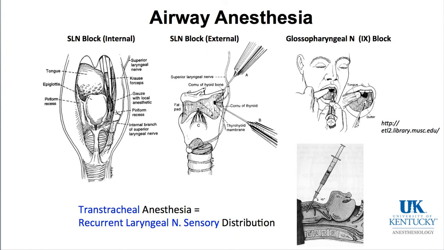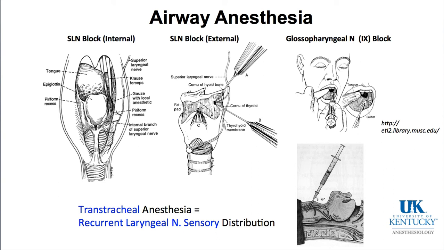Airway anesthesia, we can block the superior laryngeal nerve, we can block the glossopharyngeal nerve, and we can block the distribution of the recurrent laryngeal nerve. At the top left shows an internal and an external block of the superior laryngeal nerve. Remember, that is a division of the vagus, 10th cranial nerve. The internal block can be performed by taking a gauze soaked in local anesthetic and holding it back behind the tongue.